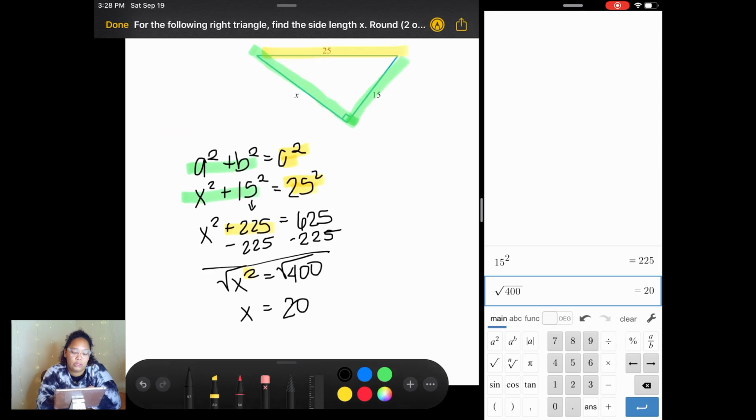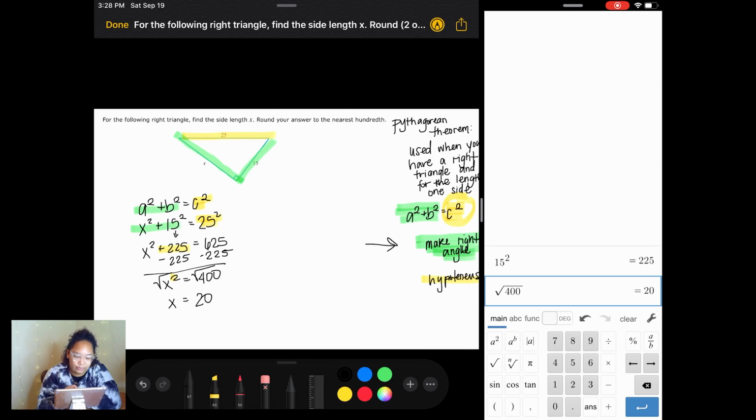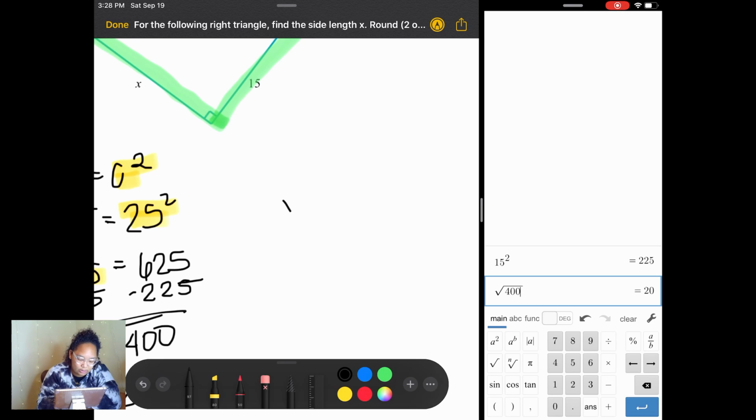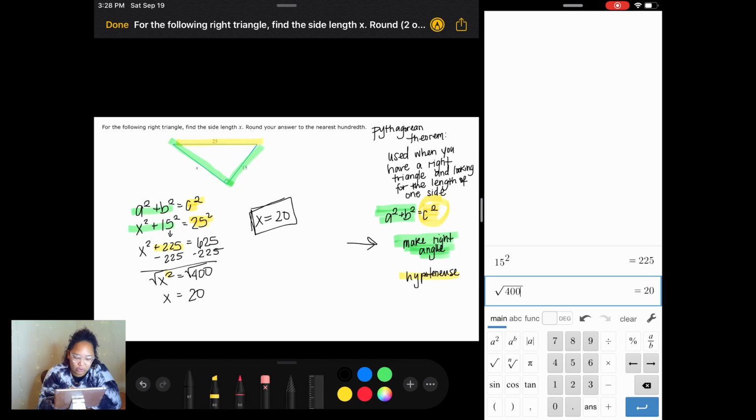Okay. Now, x equals 20. So once you get the question set up, solving isn't all that difficult.